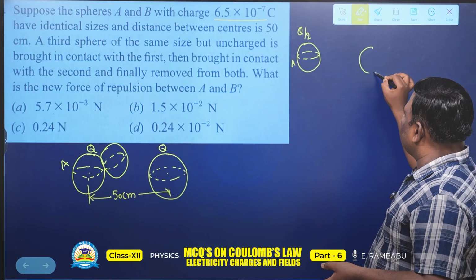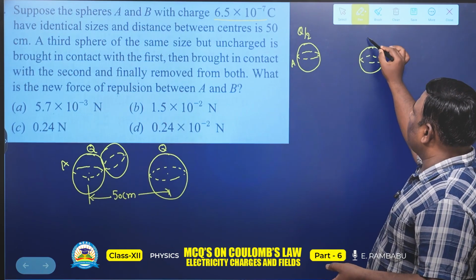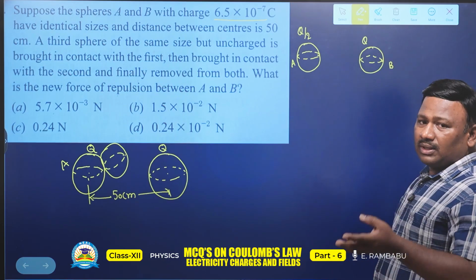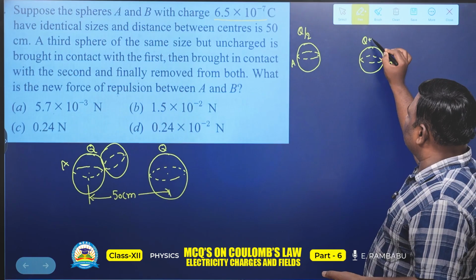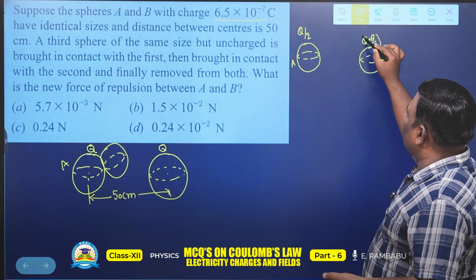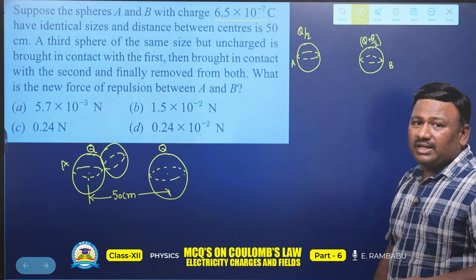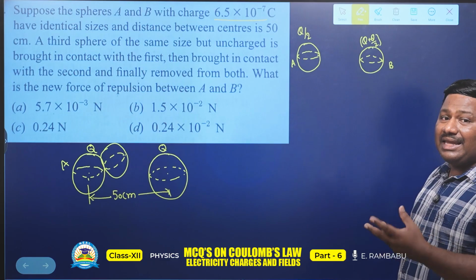Again, that third body is taken in contact with B. B already has Q, and when it is taken in contact with the third body, the net charge is Q plus Q by 2, but since both are identical, both acquire equal charge.